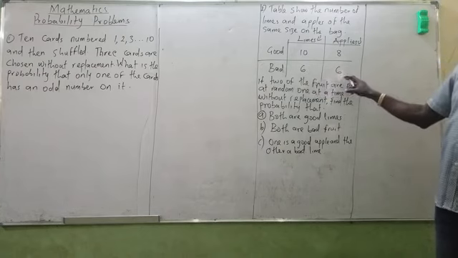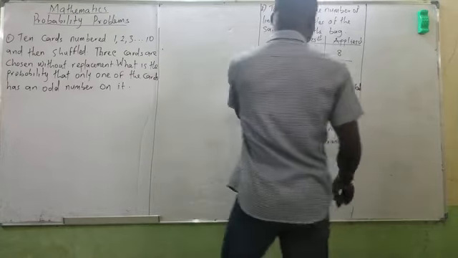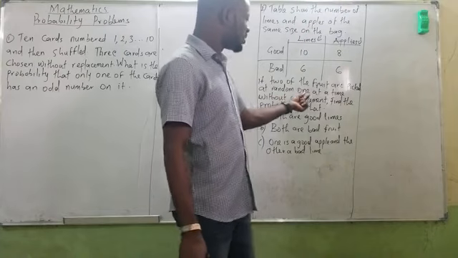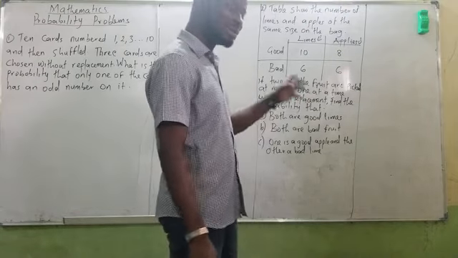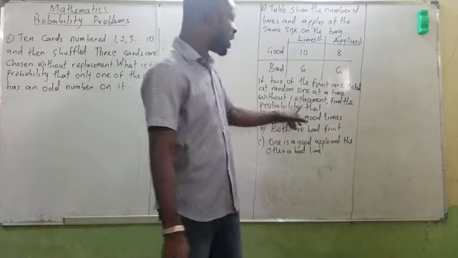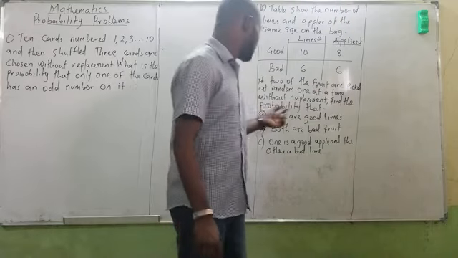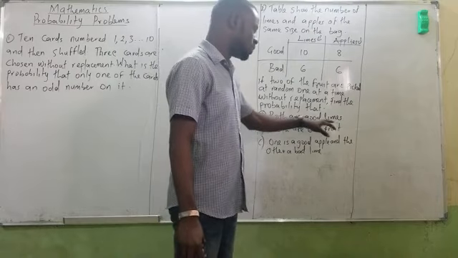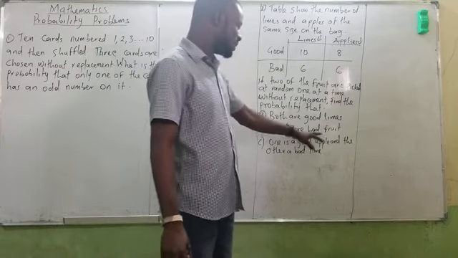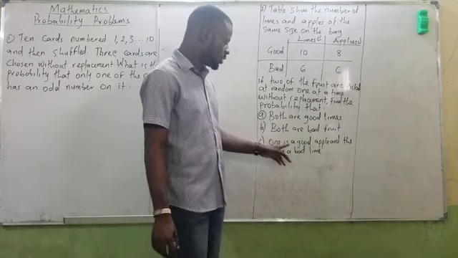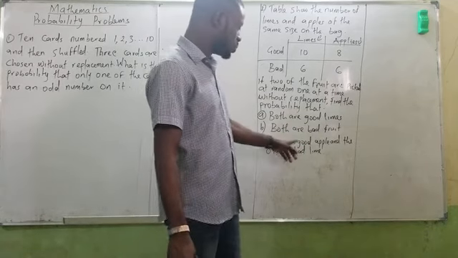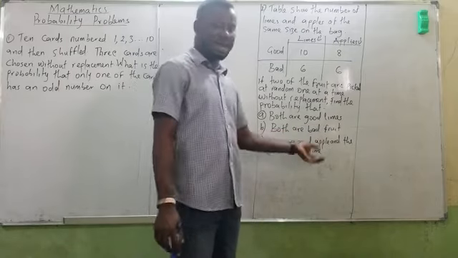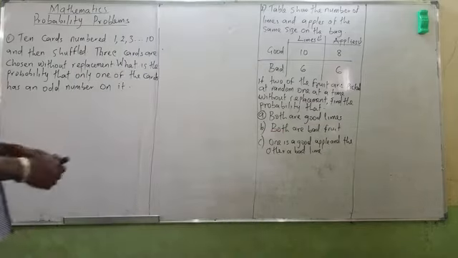Bad apples, 6. If 2 of the fruits are picked at random, one at a time, without replacement, find the probability that both are good limes, both are bad limes, and one is a good apple and the other is a bad lime. That is what we are going to solve in this video.